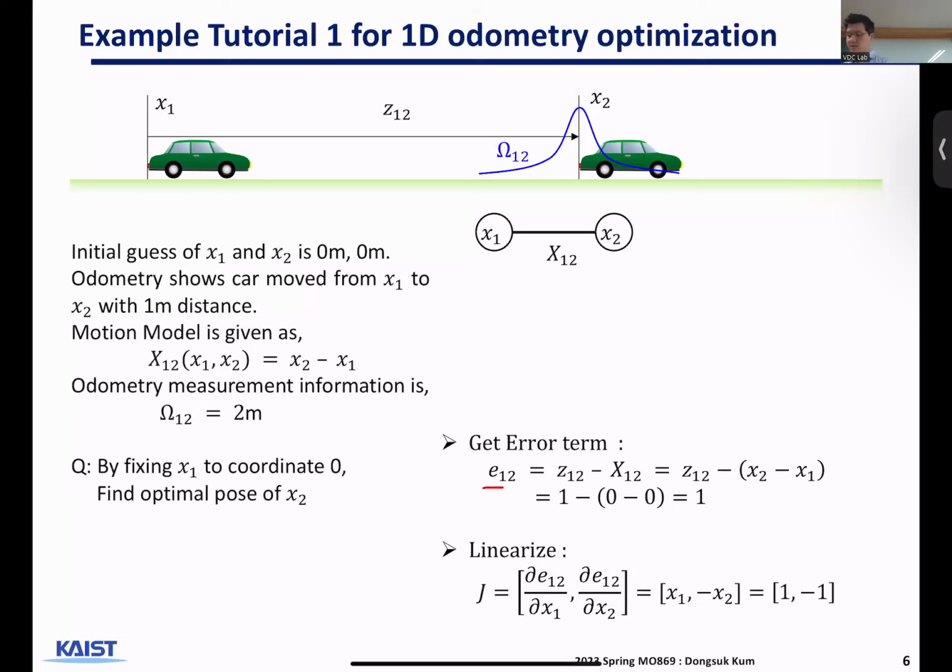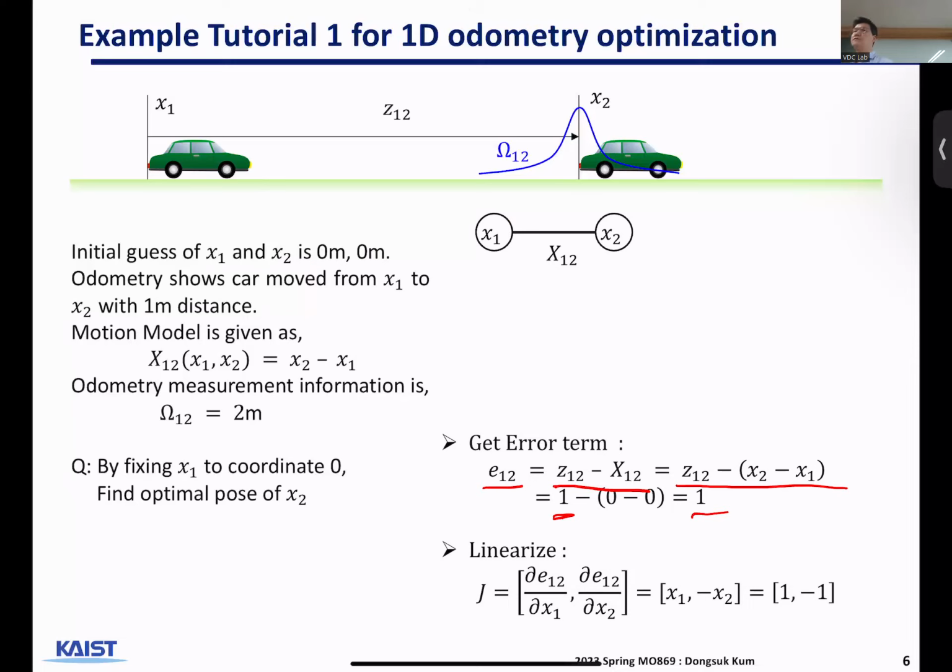So that's that. E12 is Z12 minus X12. And if we list everything out, then that's going to be Z12 minus (X2 minus X1). Okay. Z12 was the measurement, which was 1. And then X1, X2 initial values were zeros. So we have 1, that's E12.